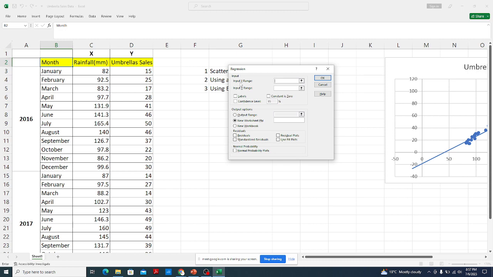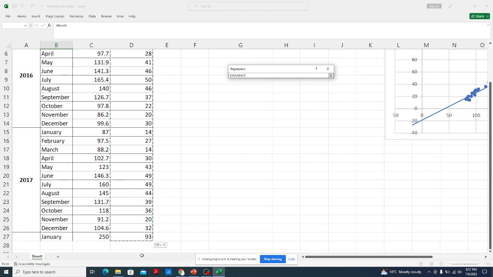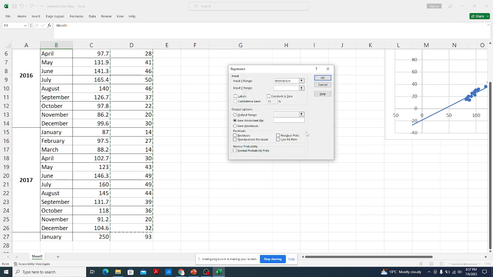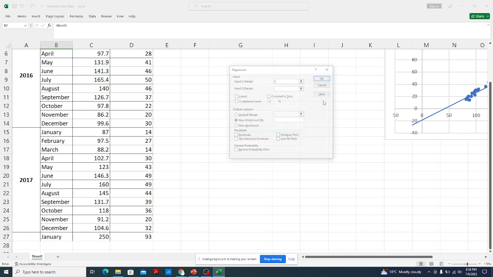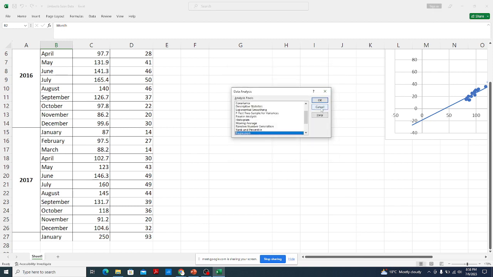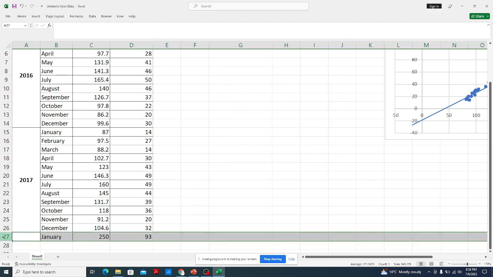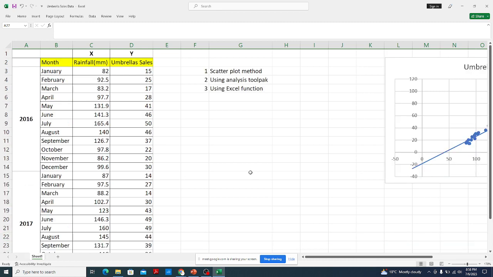So we need the input y range. Just a minute, I want to remove this additional data which I've included.